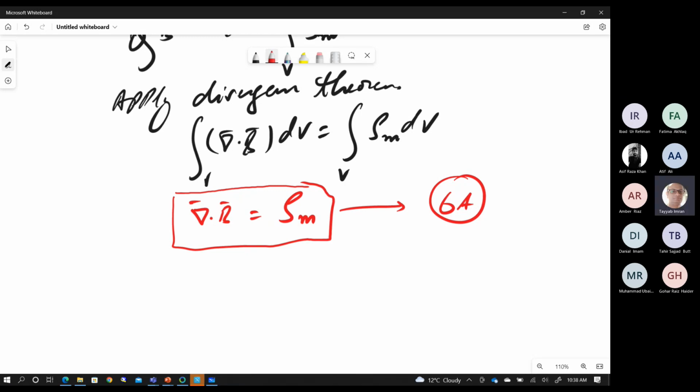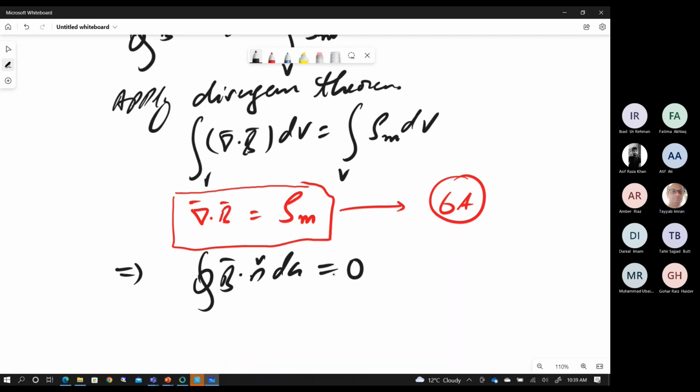Okay, so we see further. तो एक्चुअली हम जो पढ़ते हैं और जिसे जाना जाता है दैट इज B dot dA is equal to 0. ठीक है.